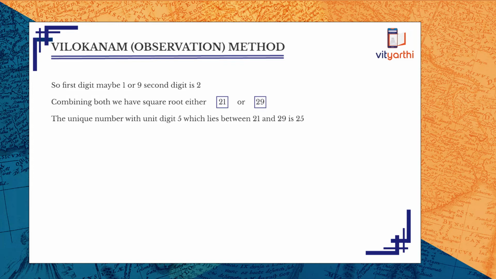In between 21 and 29, we have the perfect square 25. Find 25 square. It is 625. Now we will compare both values, 625 and 841. It is obvious 625 is less than 841.